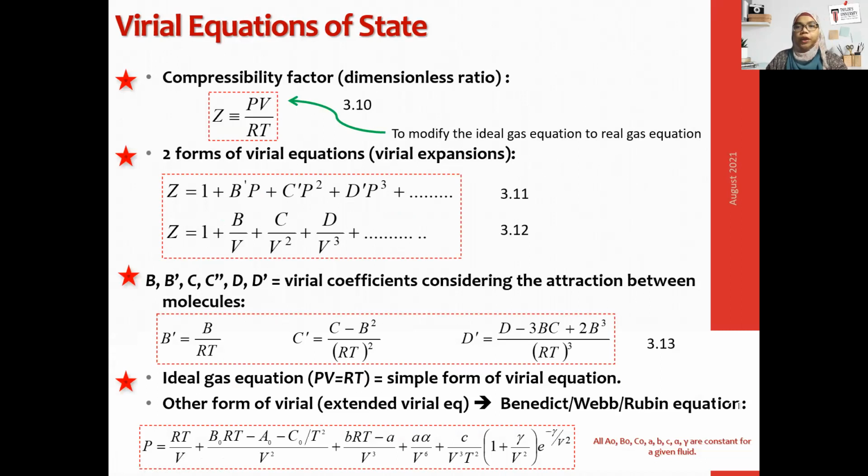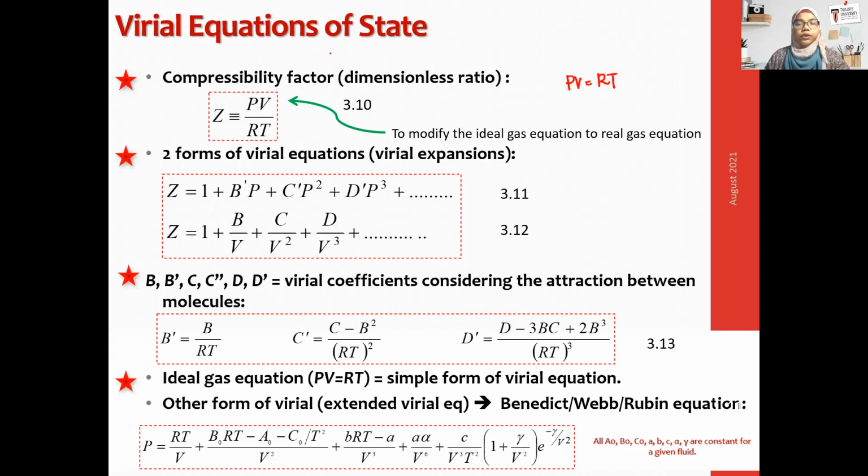Okay, we move to the first category, which is the virial equation. If you still remember, for the ideal gas law we have PV = RT.